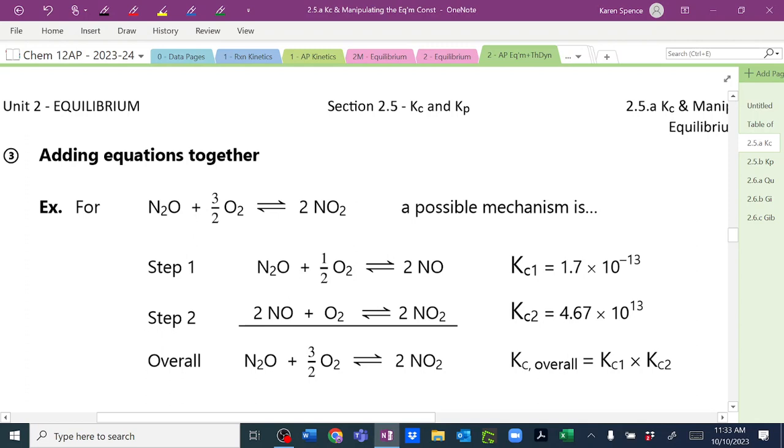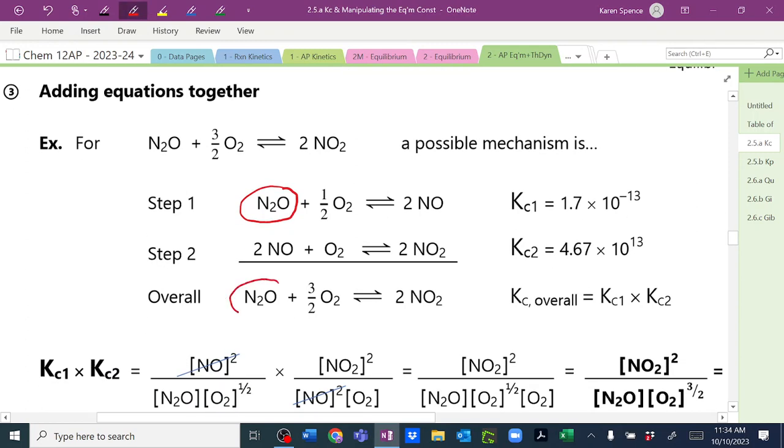So here we have step 1 of our reaction mechanism. We have an NO2, and in our overall reaction we have an NO2. Yes?